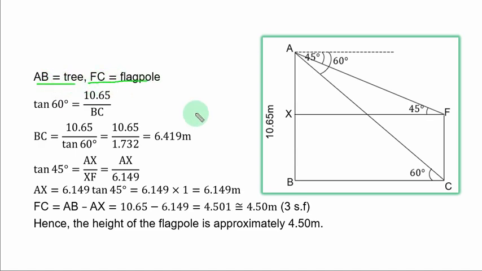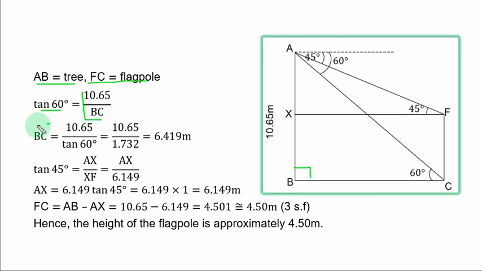So for us to get BC, we have to consider triangle ABC. The angle is 60, this is opposite, and you have adjacent, it must be tangent. So tan 60 degrees is equal to opposite 10.65 over adjacent BC.